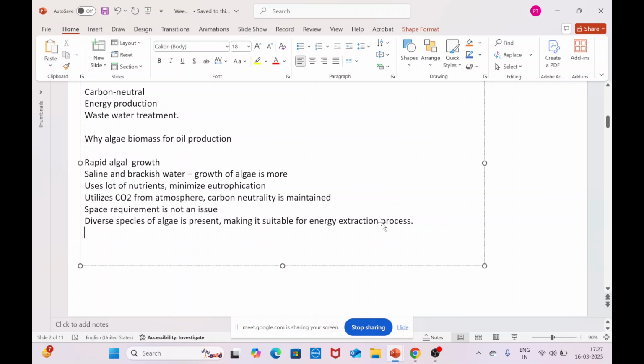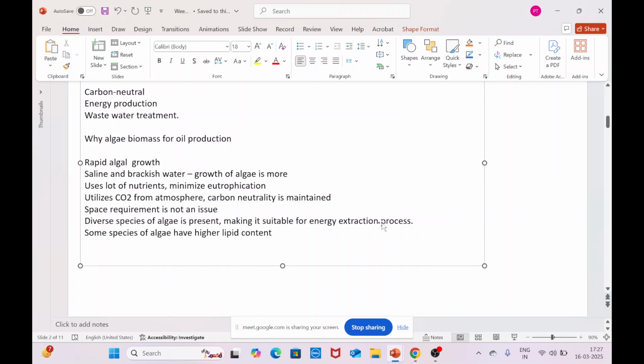Then another particular factor is that some species of algae have higher lipid content present in them. Why is this important? As we discussed previously, this algae consumes carbon dioxide as well as water, and in the presence of light, they generate a lot of metabolites. In these metabolites, lipid is one of the components, and these lipids are responsible for the upgradation to biodiesel.